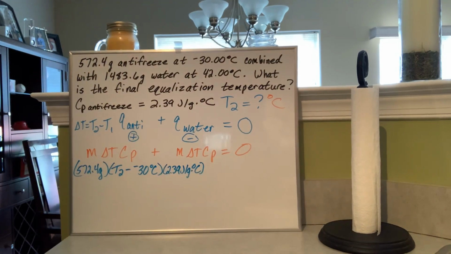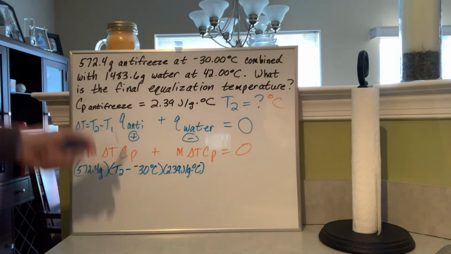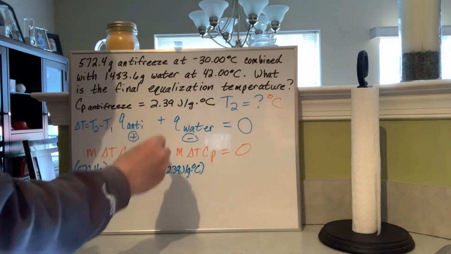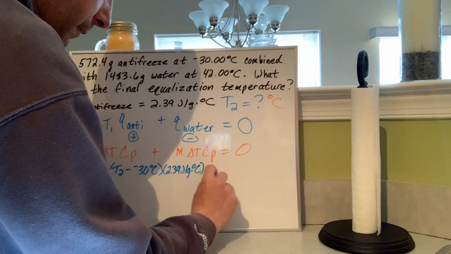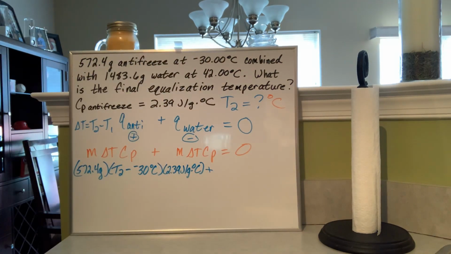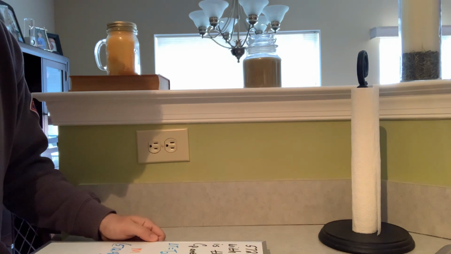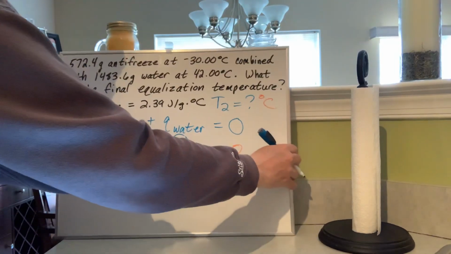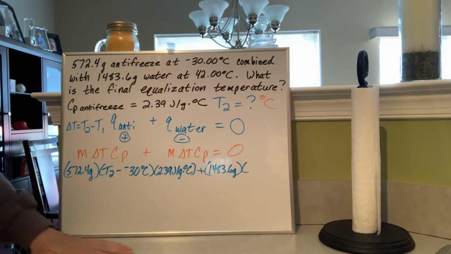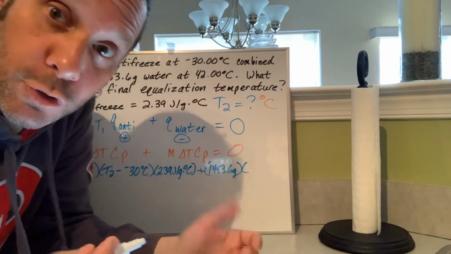So now we got the Q value for the antifreeze. Let's get Q water. Do we have the M value for the water? I believe we do: 1483.6 grams. Delta T for water, the change in temperature, is T2 minus T1.